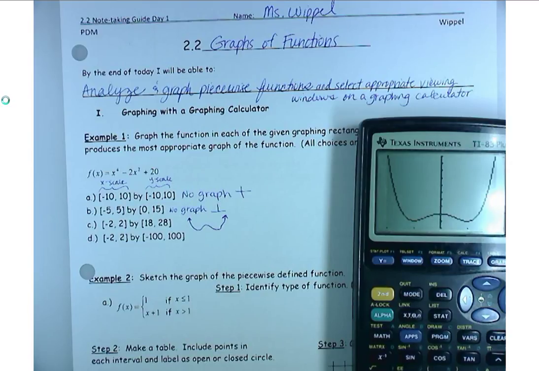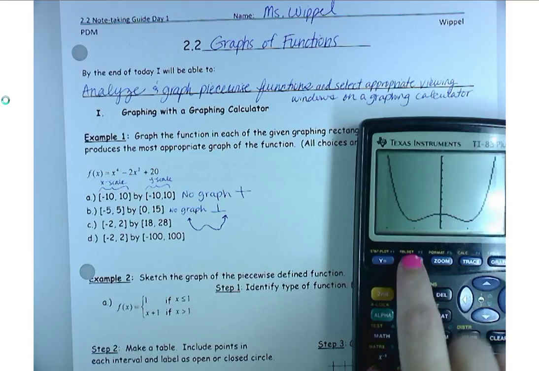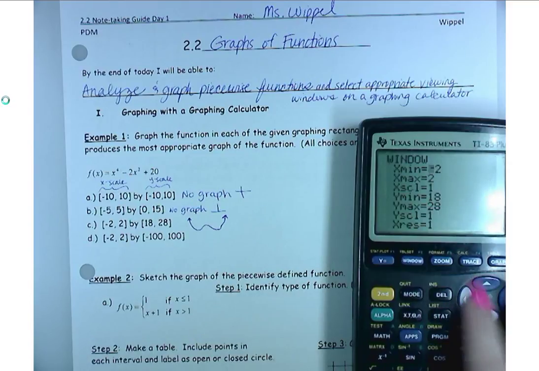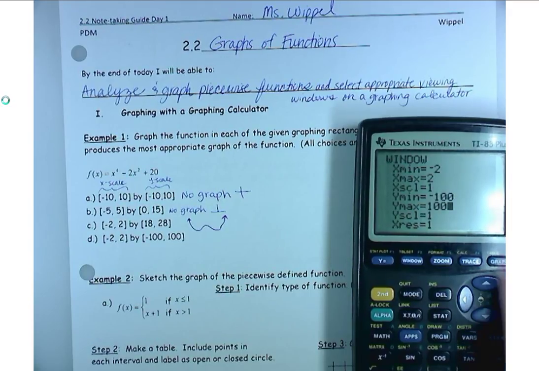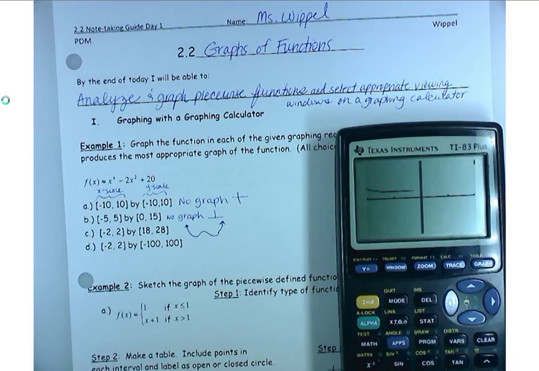And then I'm going to see what part D gives me. For part D, I have negative 2 to 2, and then negative 100 to 100.